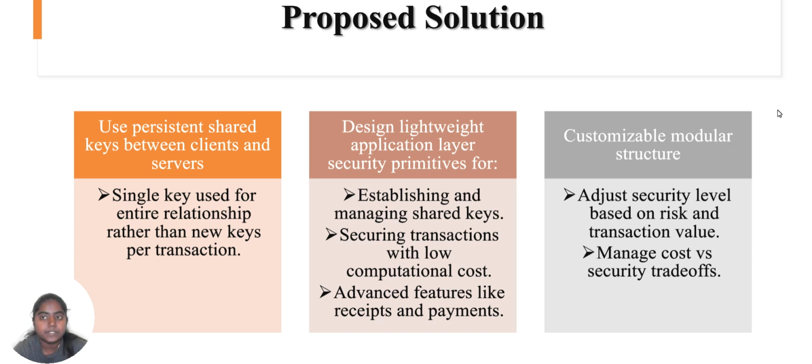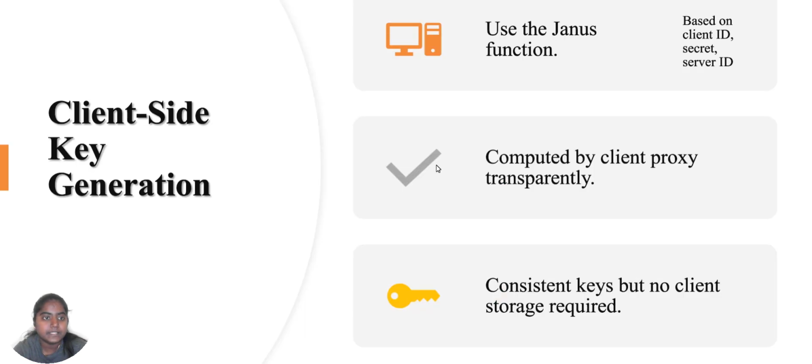Coming to the next slide, we can see client side key generation. This new security framework helps in differentiating client side key generation and server side key generation. It also explains how the client side key is generated and managed, and likewise from the server side. Client side key generation uses the Janus function.